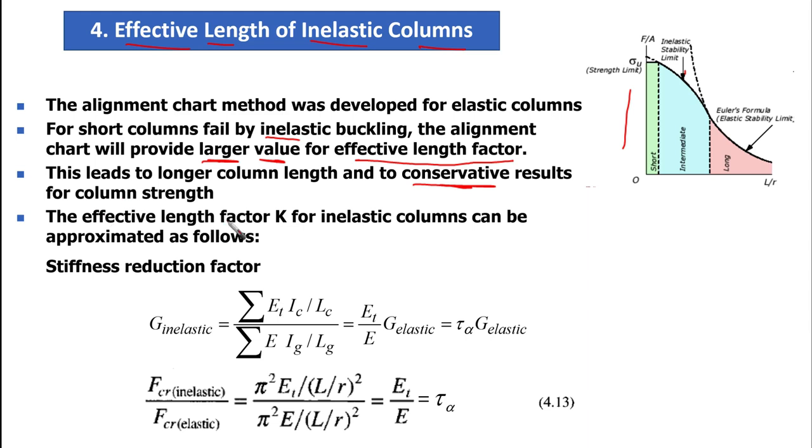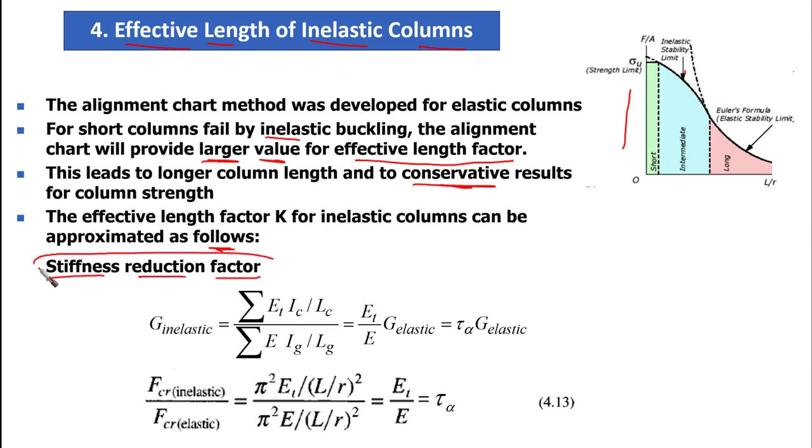So the effective length factor K for inelastic columns can be approximated as follows. We can approximate it in a way that is going to be easy for us to calculate. The idea is that we are going to use a factor called the stiffness reduction factor.